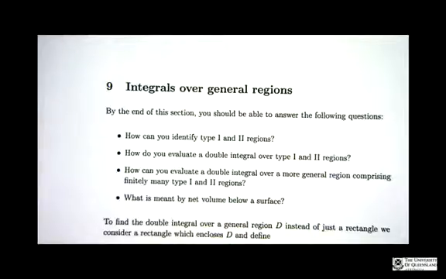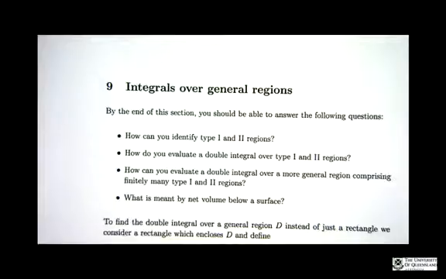But there's still an outstanding problem: up till now, we've only ever considered rectangular regions in the xy plane. So the question still remains, how do we deal with more general regions? And that's what this lecture is all about.